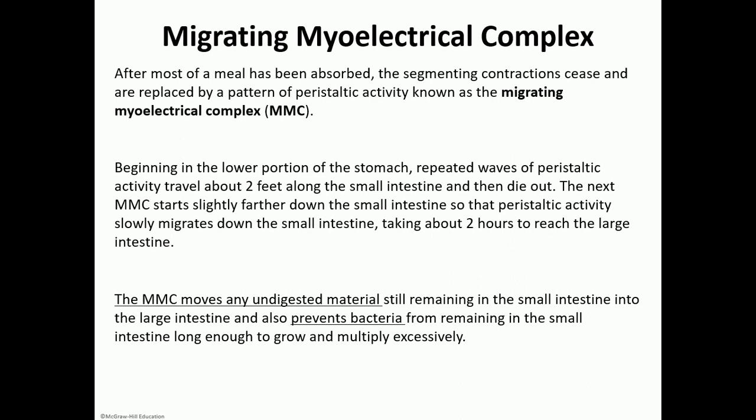It goes about 2 feet at a time, and the whole process from the duodenum all the way down to the end of the small intestine can take about 2 hours. This makes sure that anything that has not been digested or absorbed moves on to the large intestine to be defecated, and prevents the overgrowth of bacteria.